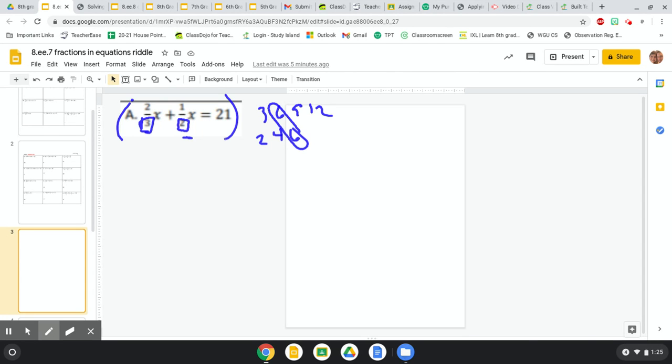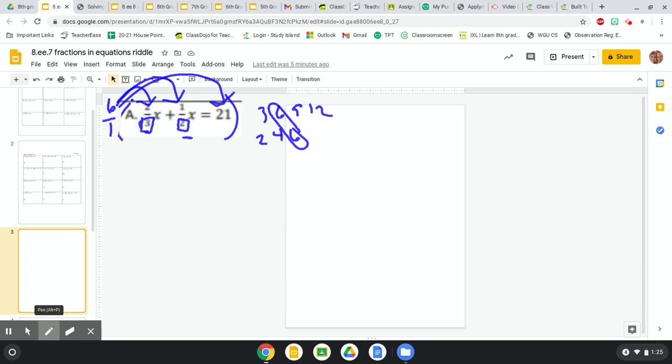A is just the number for this one, so ignore A right now. So I'm going to multiply by 6, that's 6 over 1. Let me rewrite that, that looks bad. I'm going to make sure that I multiply it to each term in my equation, both the left-hand side of the equal sign and the right-hand side to keep things balanced.